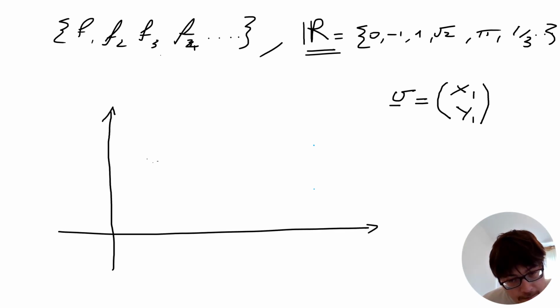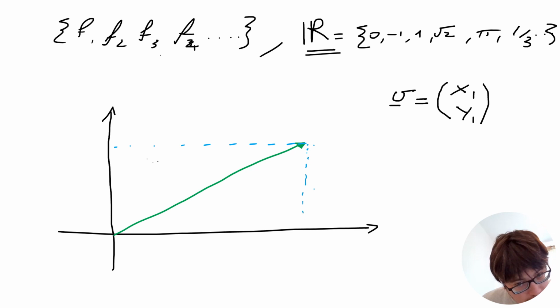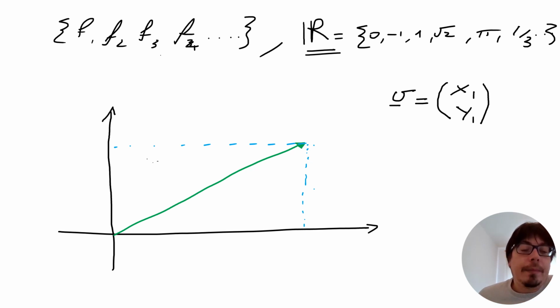Take a vector, and we know that this vector has two points, which we call coordinates. And what can we say about the vector? There are two things. We said direction, and the other important thing about the vector is its length.